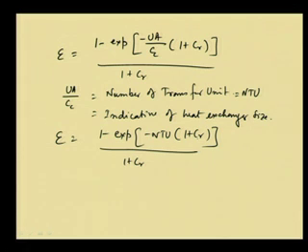Now, if Cr tends to 0, then what happens? Epsilon equals 1 minus e to the power minus NTU.